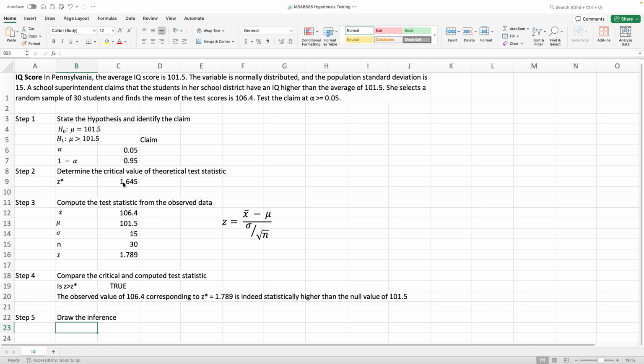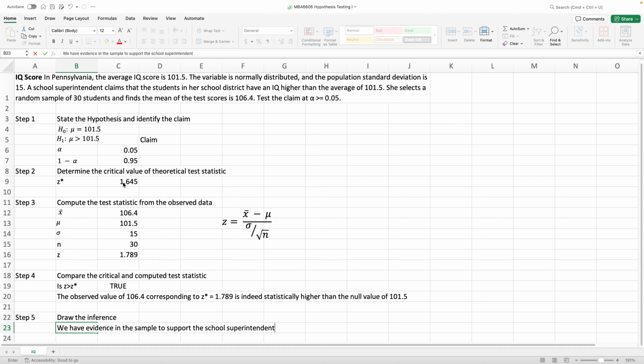So what is the inference? We have evidence in the sample to support the school superintendent's claim that the IQ of her students is higher than 101.5.